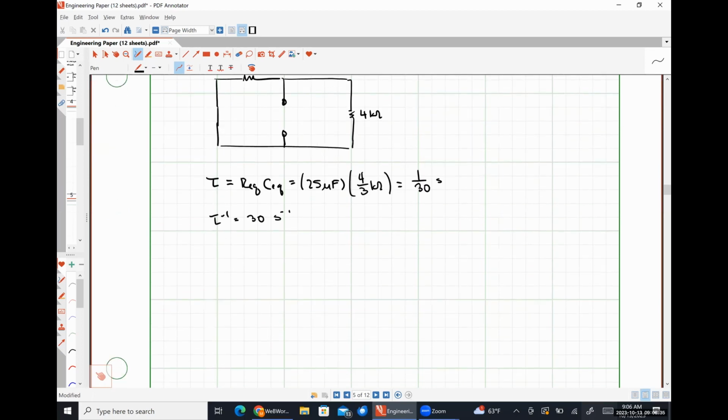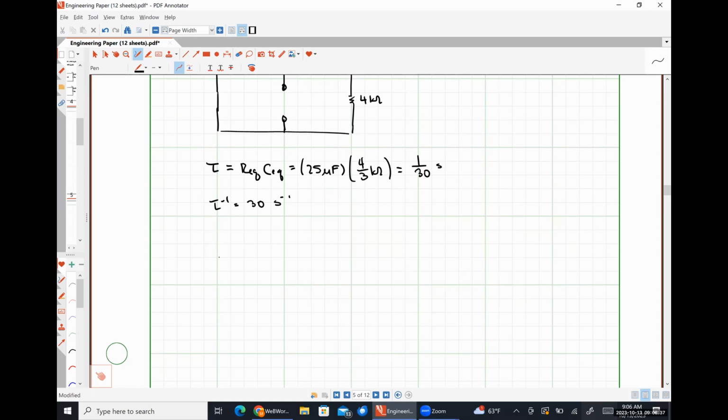And now we are just plugging stuff into our generic equation. So VC of t. What was VC at 0 minus? So VC at 0 plus also was 12 volts.